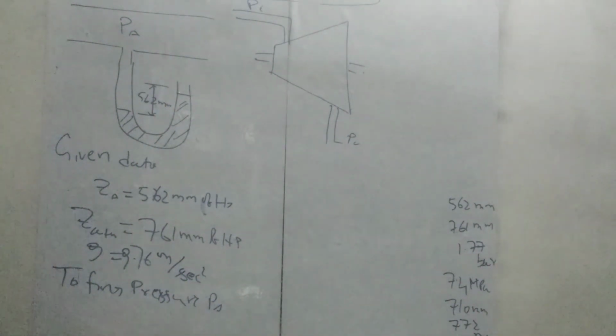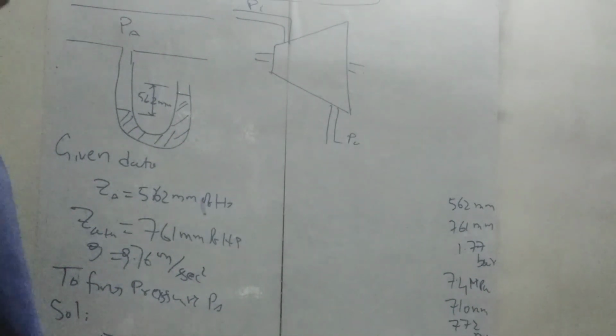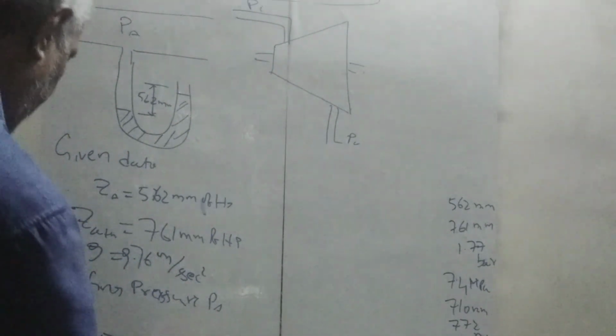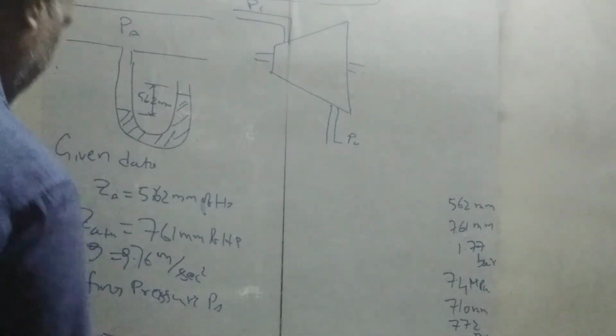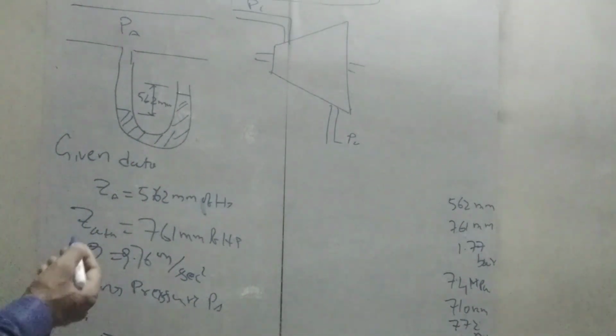Now this pressure, absolute pressure solution, absolute pressure PA is equal to rho 13.6 into 10 cube multiplied by, here we have two different heights.